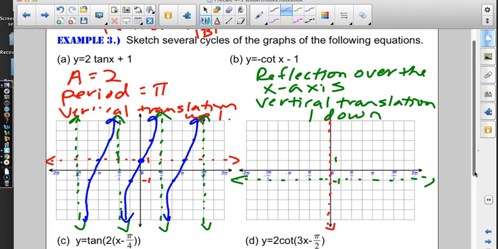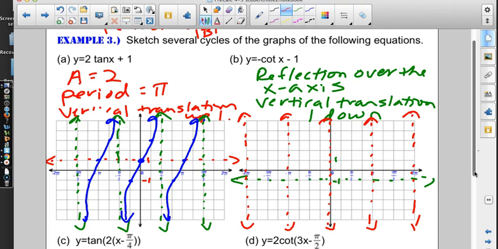Good. 0 and pi. And while we're at it, because we know they want several cycles, we might as well put a couple more of these on here. So a period of 1 pi, we're going from 0 to pi, it's also going to be from pi to 2 pi, etc., all the way around.